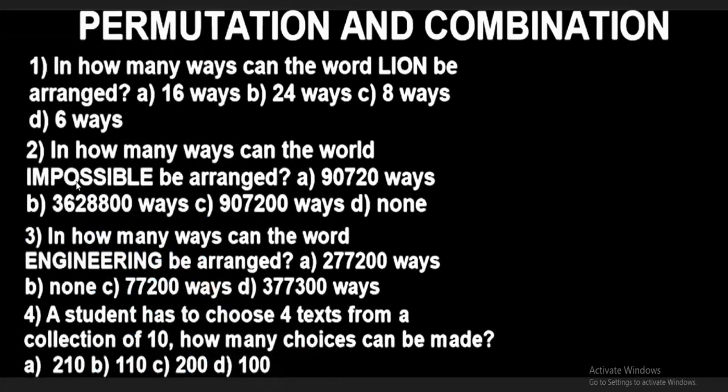Very interesting. Question 2 says: in how many ways can the word IMPOSSIBLE be arranged? The word IMPOSSIBLE is made up of 10 letters in total. Let's do it.